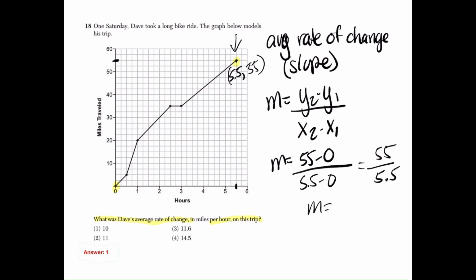So m is equal to 10. If you were unsure, you can literally just put that into a calculator. 55 divided by 5.5, and you will get 10. And that's it for rate of change. Those are the only 2 points, so I didn't have to look at every single interval and add them up together. Instead, I just chose the beginning and the end and used our slope formula. Hit pause and jot this down into your notes.